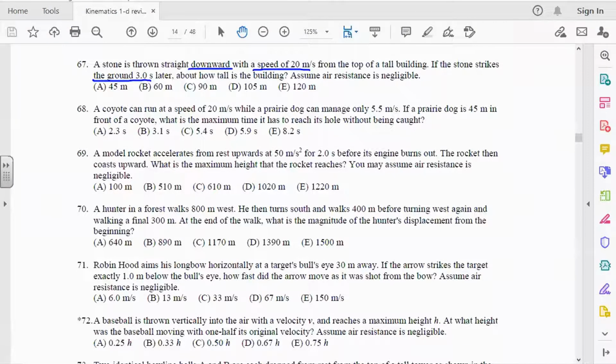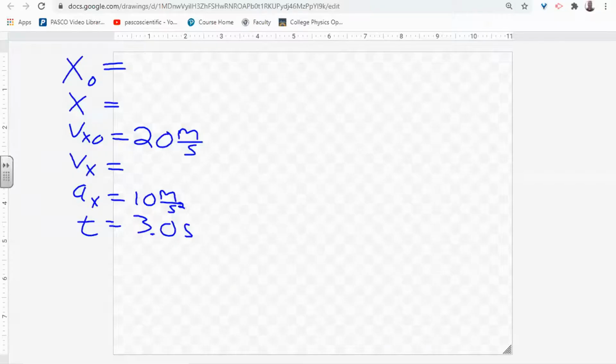That's why it says about how tall is the building, because they're using 10. If you use 9.8, it's going to round to the correct answer. Okay? So you can use 10 on the multiple choice, 10 on the free response. The only time I will tell you you need to use 9.8 is when we're doing labs. So in this case, you can use 10 since that's the way the exam is going to be calibrated.